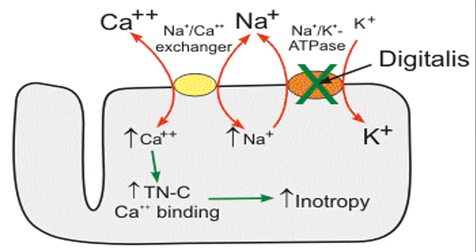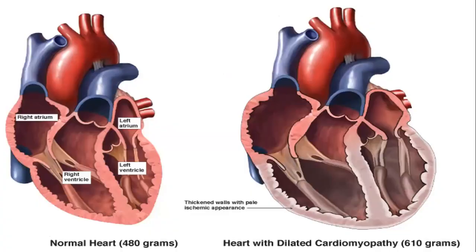So what happens? Calcium accumulates inside the cell or inside the sarcoplasmic reticulum. So more calcium is available in the cell, which increases the force of contraction, that is the inotropic effect in a failing heart. Here you can see in this picture what happens.